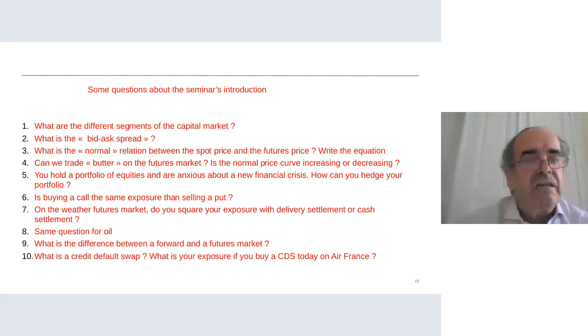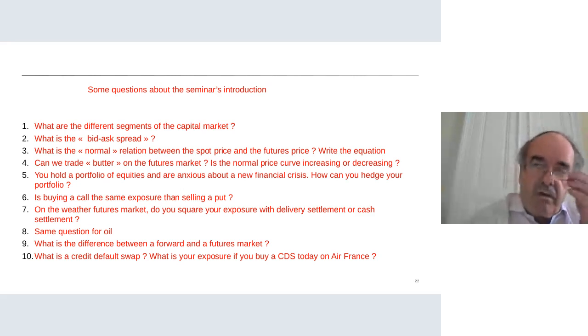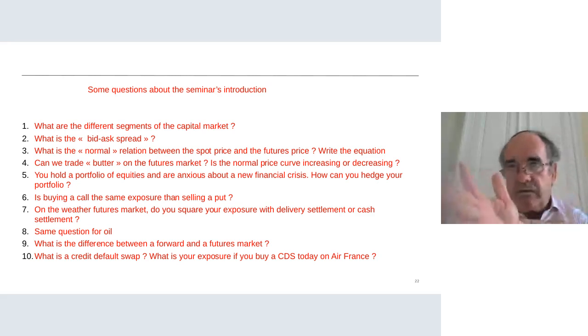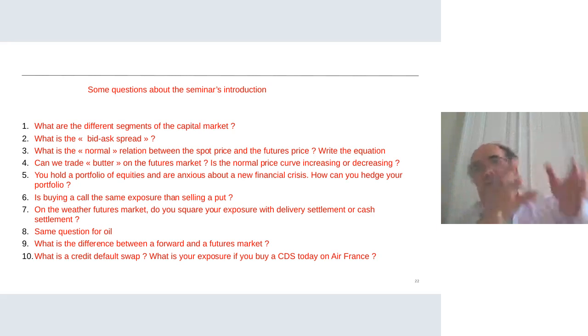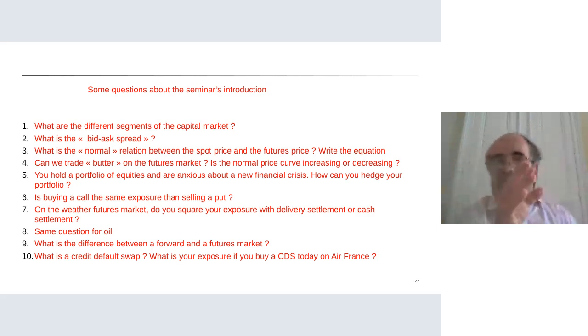Yes, she's very good. Okay, if you hold a portfolio of equities and you want to hedge, what are the solutions? You have a lot of solutions given by derivatives. First, you can buy a put. What your colleague says, long put. Long, to be long. Maybe some people who are not working in banks don't understand.